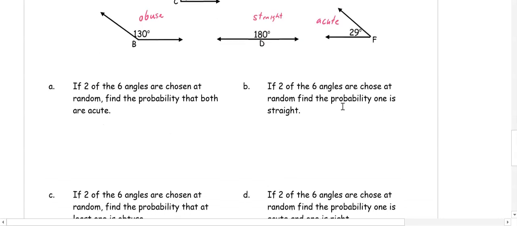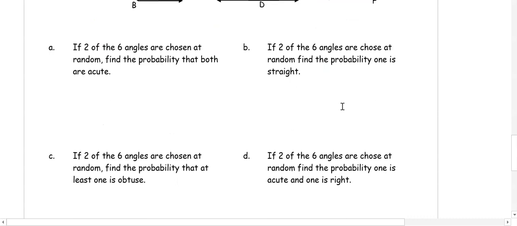So in part A, if 2 angles are chosen at random, find the probability that both are acute. If we're choosing 2 angles at random, it doesn't say anything about replacement, so we can't use double of the letters, and reverse doesn't matter. So when I write out my possibilities, I have AB, AC, AD, AE, and AF.